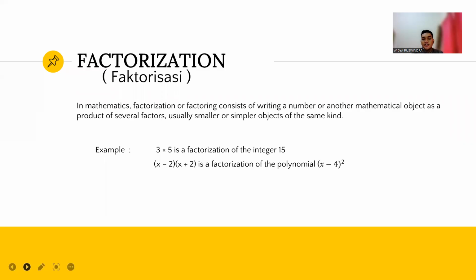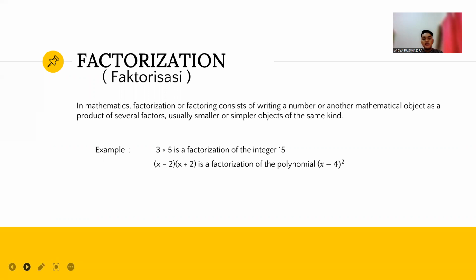Next vocabulary is factorization. In mathematics, factorization or factoring consists of writing a number or another mathematical object as a product of several factors, usually smaller or simpler objects of the same kind.